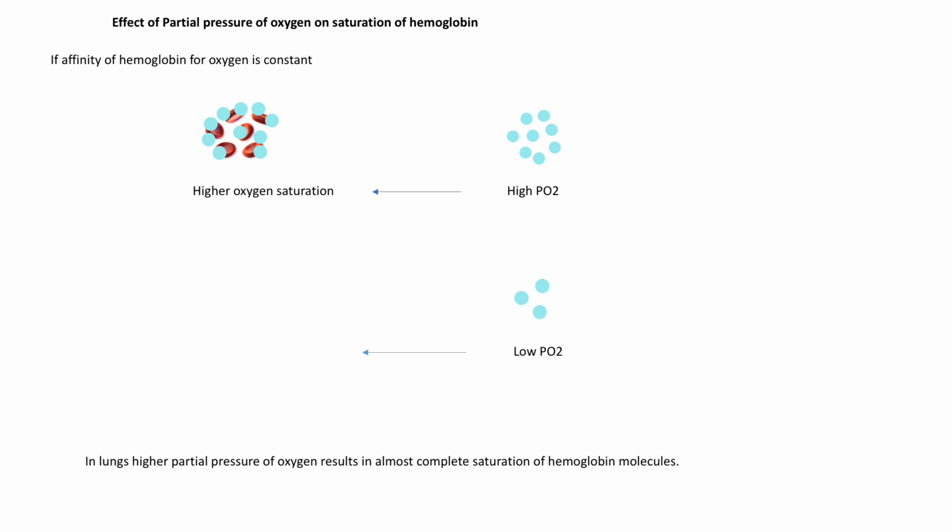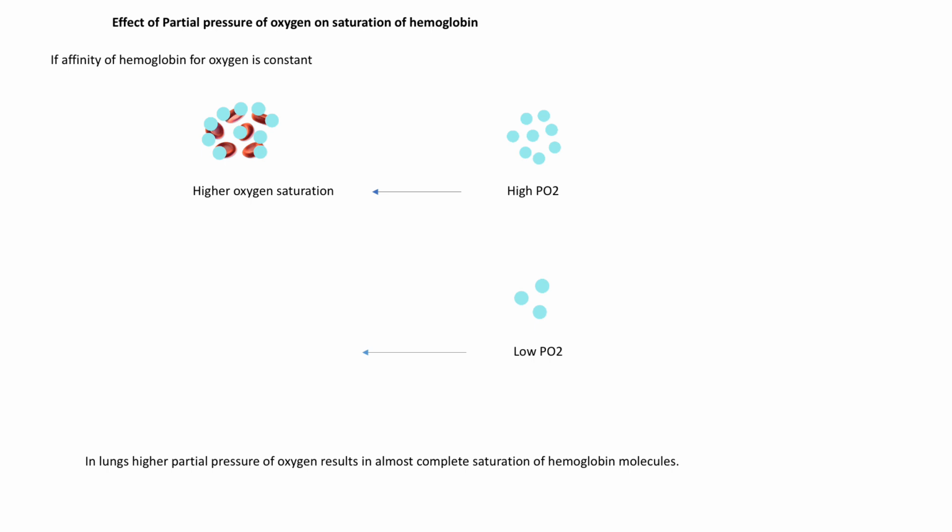And if partial pressure of oxygen is sufficiently high, saturation of hemoglobin will keep increasing until hemoglobin becomes fully saturated with oxygen, and at that point saturation of hemoglobin will be 100%.